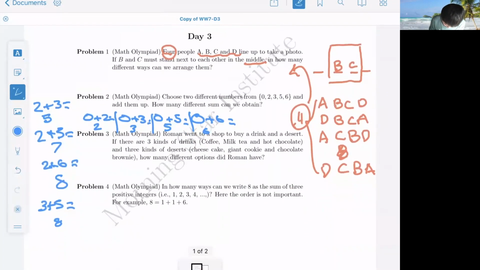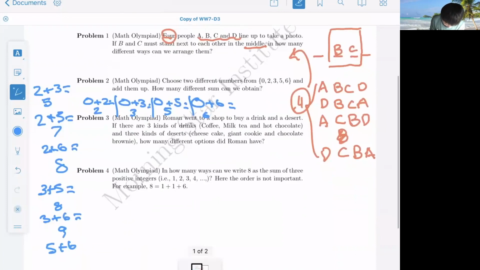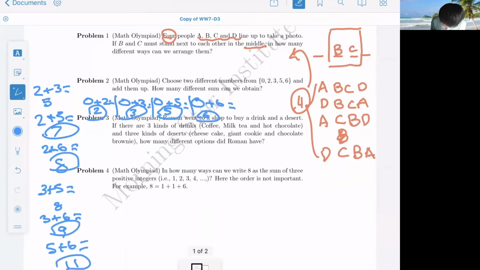And 3 plus 6 equals 9. The last case is 5 plus 6. So this equals 11. We can see that 2, 3, 5, 6, 7, 8, 9, and 11 are these cases. So that would be 1, 2, 3, 4, 5, 6, 7, 8 different sums.